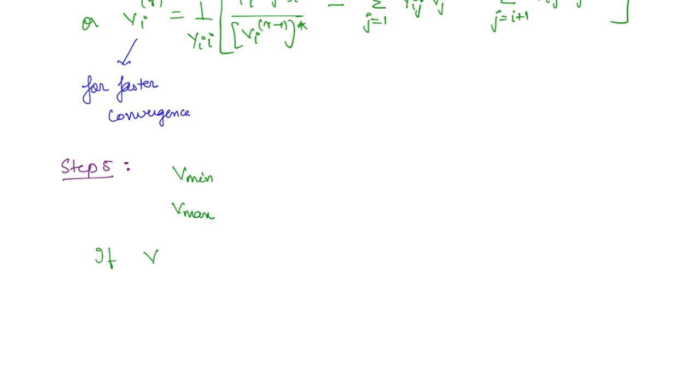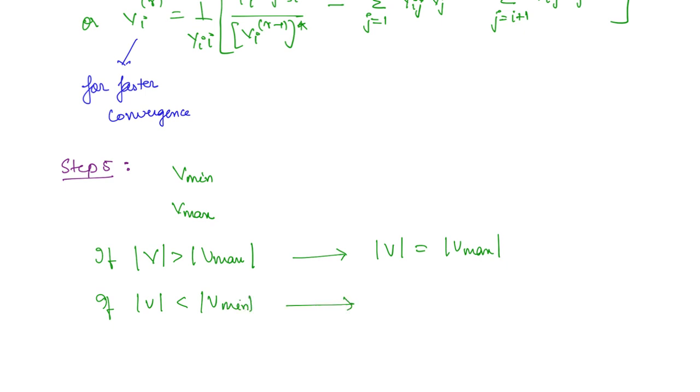If the calculated voltage magnitude, we are dealing with the magnitude, is greater than the maximum voltage, then you have to take the voltage to be equal to the maximum voltage. And if this comes out to be less than the minimum voltage, then you have to limit the voltage to the minimum value.